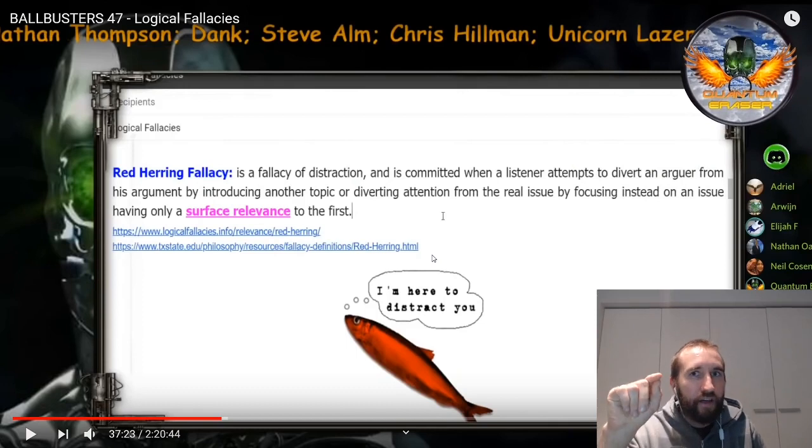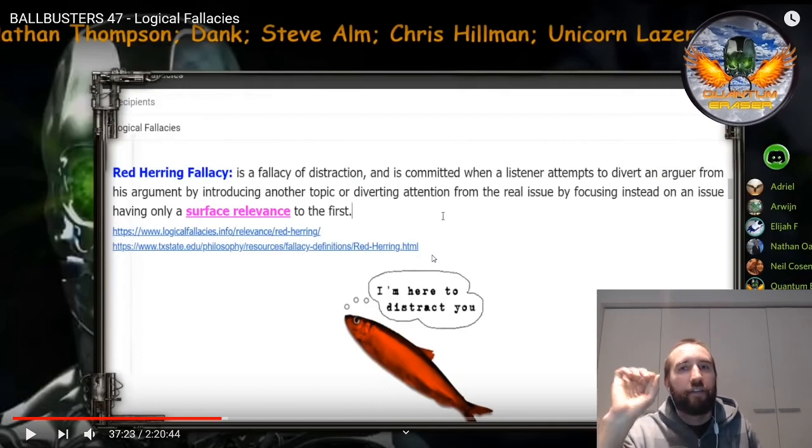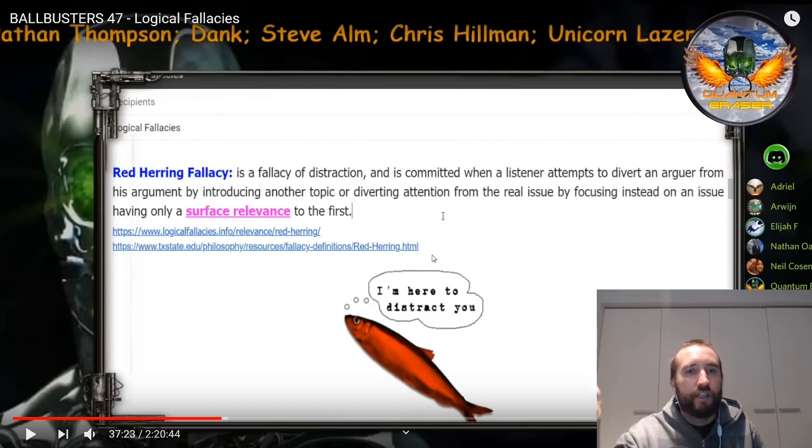And the reason why he thinks this, and this is also why it's kind of hard to see when there is a fallacious use of an argument and when there's not, is that it seems that quantum eraser is unable to understand the argumentation structure, or is unwilling to understand the argumentation structure of another, and that's why he thinks that everything is a red herring fallacy.